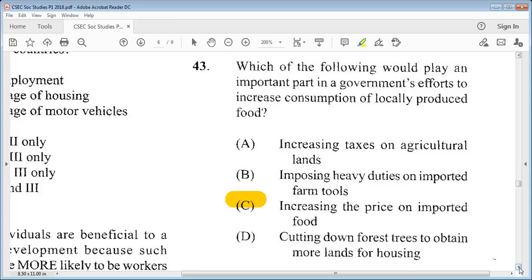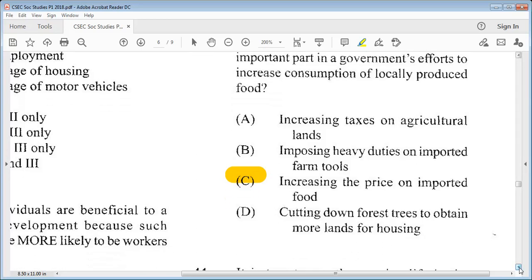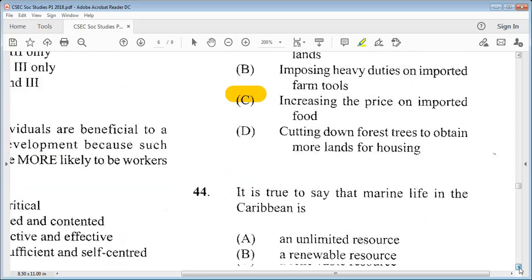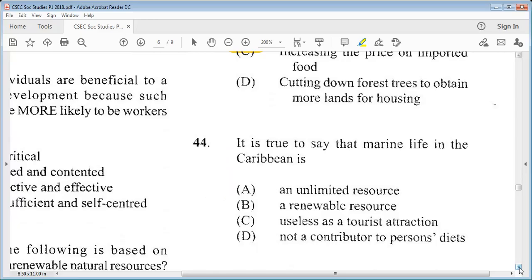Let's go on to 44. Here it says, it is true to say that marine life in the Caribbean is A, an unlimited resource, B, a renewable resource, C, useless as a tourist attraction, D, not a contributor to persons' diets.